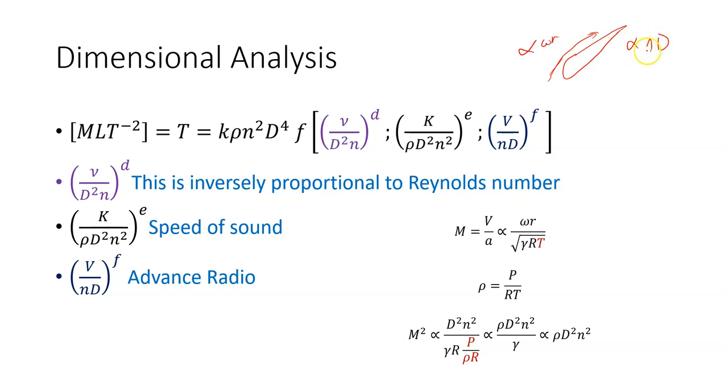I'll do capital D, that's the way it should be, and we'll keep that in mind. Okay, the speed of sound here is the square root of gamma RT, where gamma is the ratio of specific heats of air, and it's a constant. It's 1.4, and the R is the gas constant, which is 287 joules per kilogram Kelvin.